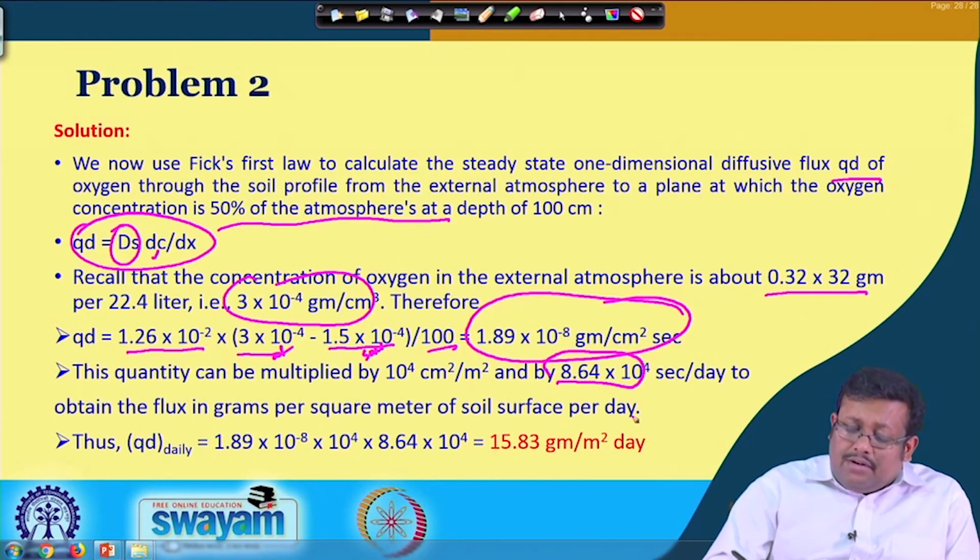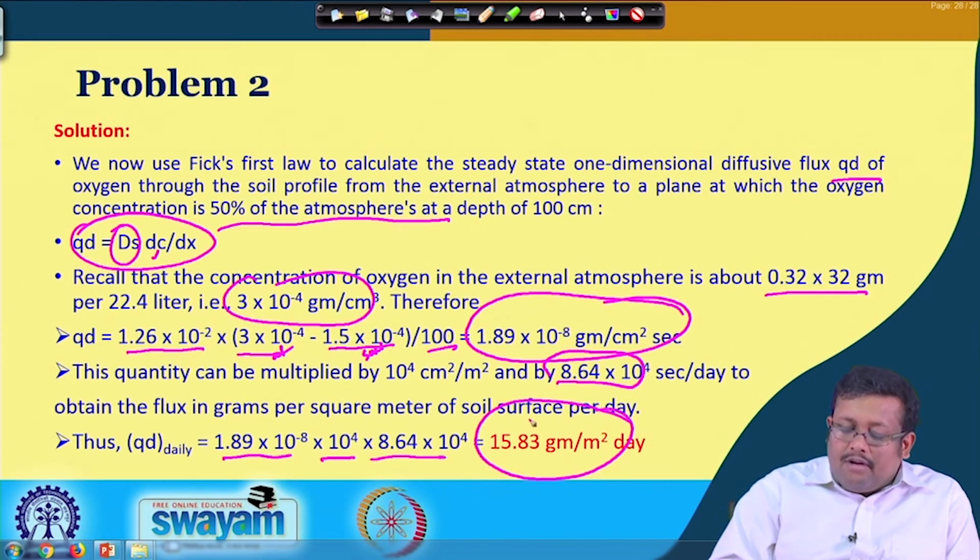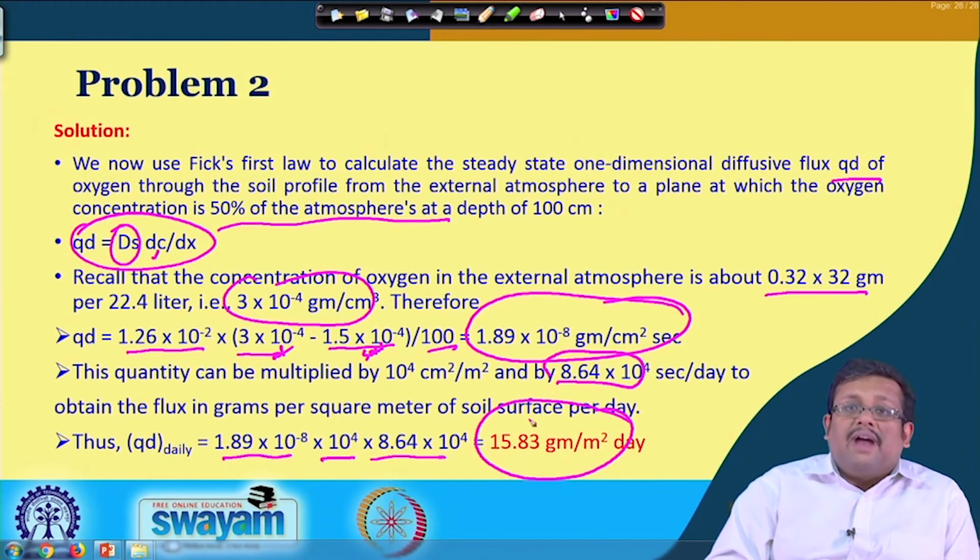So you just need to convert 1.89 into 10 to the power minus 8 gram per square centimeter second to flux in gram per square meter of soil surface per day. For that, we multiply 1.89 into 10 to the power minus 8 with 10 to the power 4 into 8.64 multiplied by 10 to the power 4. So we are getting a final value of 15.83 gram per square meter per day. So this is our final solution.